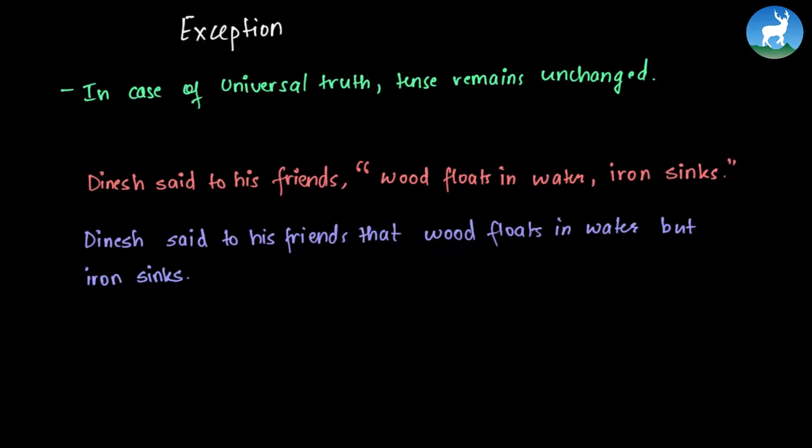While we change this universal truth to indirect speech, the tense still remains in present tense: Dinesh said to his friends that wood floats in water but iron sinks. We can also change the reporting verbs while converting a sentence from direct speech to indirect speech. So the reporting verb say can be changed to tell, and the reporting verb said can be changed to told.